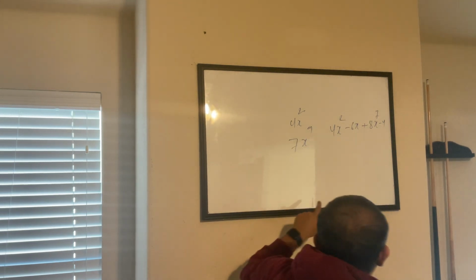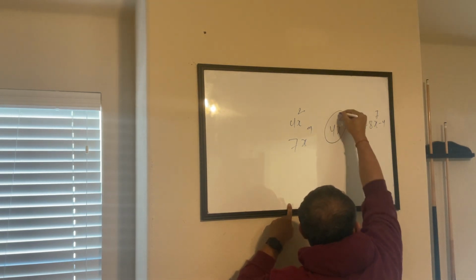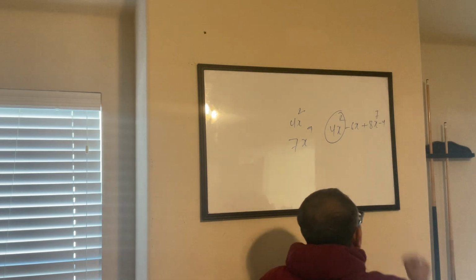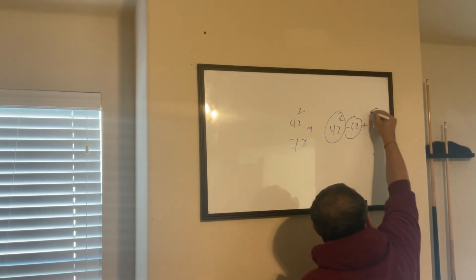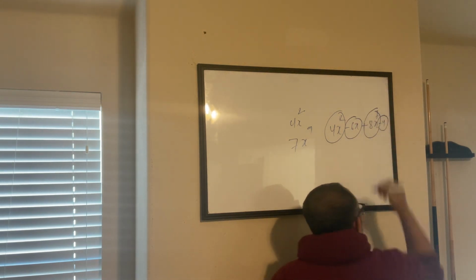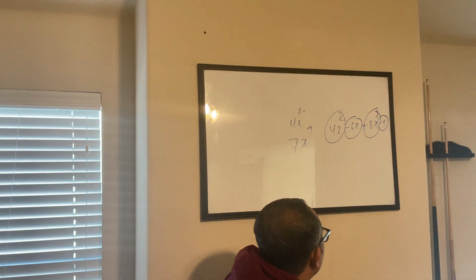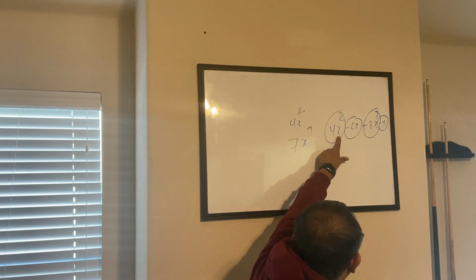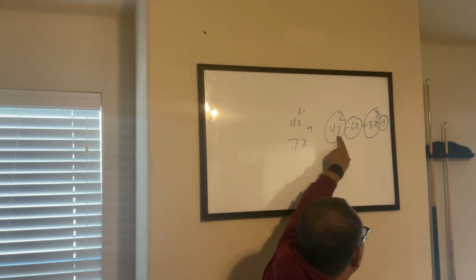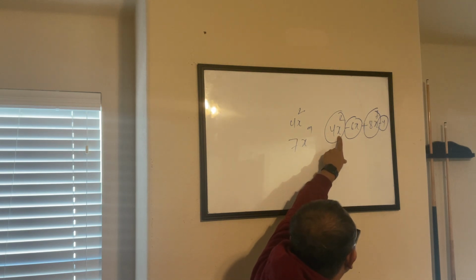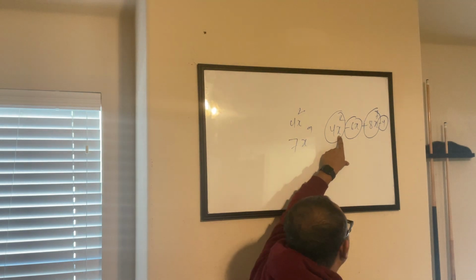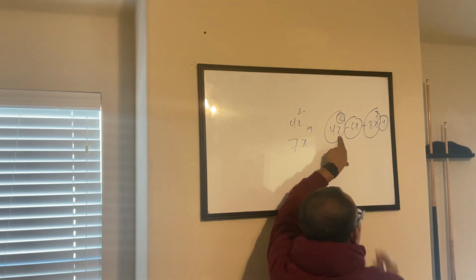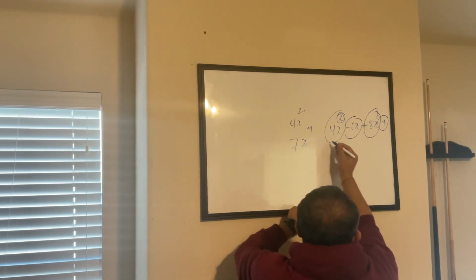So everything that you see here is a term. 4x squared is a term. Minus 6x is a term. This is a term. This is a term. Now, if you look at every variable, a term with a variable, this part is just the variable, and this is called the degree or the exponent. This is the coefficient.